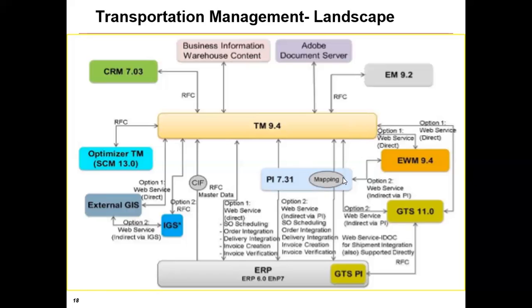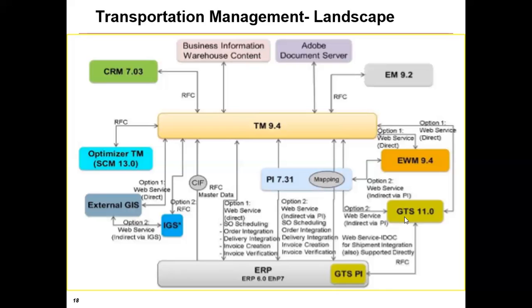So PI 7.31 is a very strong, efficient and effective integrator used as a middleware in between TM 9.4 and GTS 11.0, or maybe ERP ECC 6.07. Okay, so we can use the PI system.